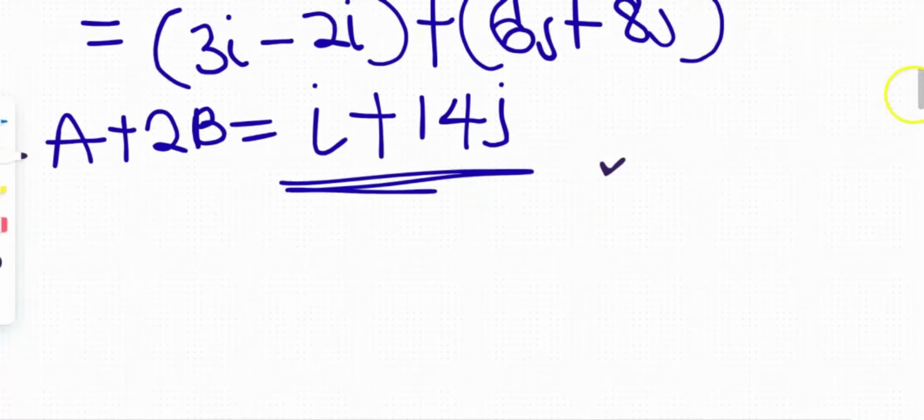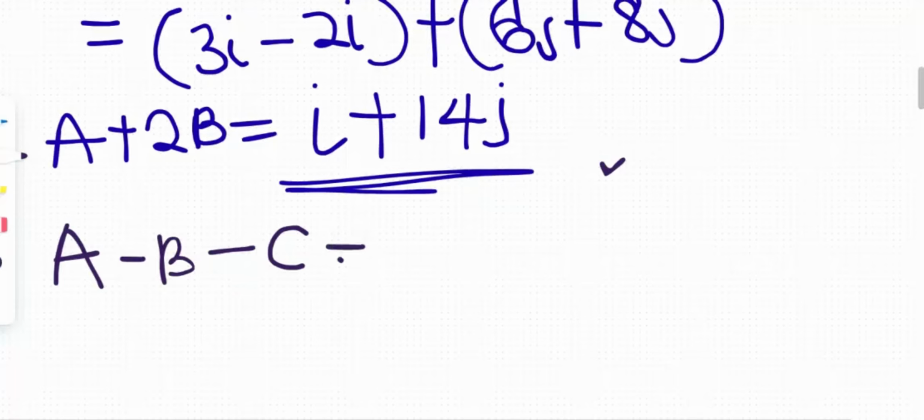A minus B minus C. So right now we have A minus B minus C. So now what is A?